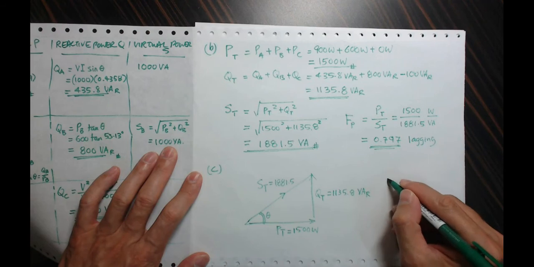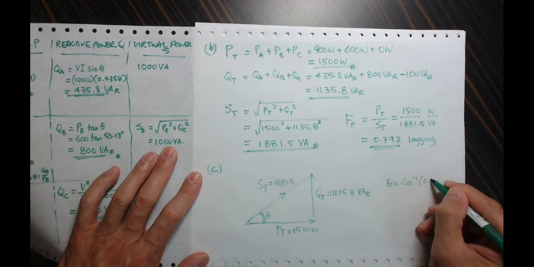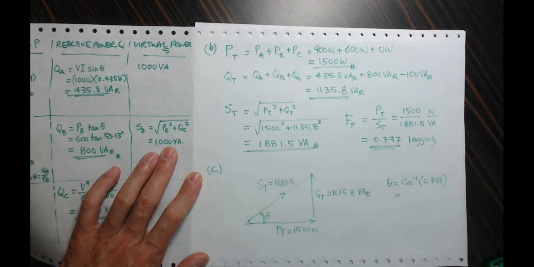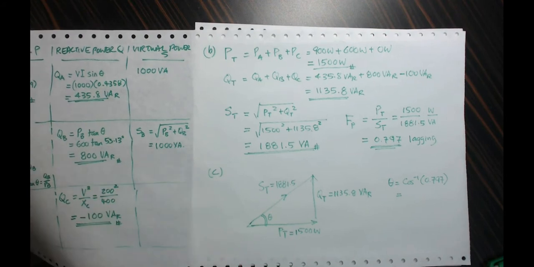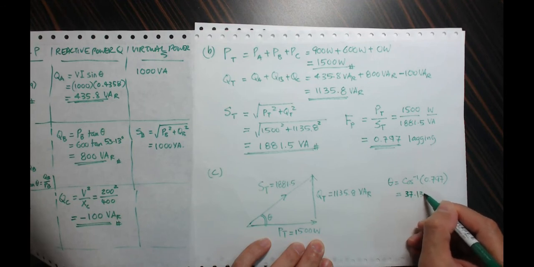So the angle is cosine inverse of 0.797. That works out to be 37.133 degrees.